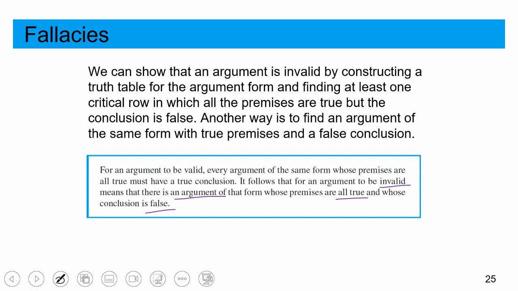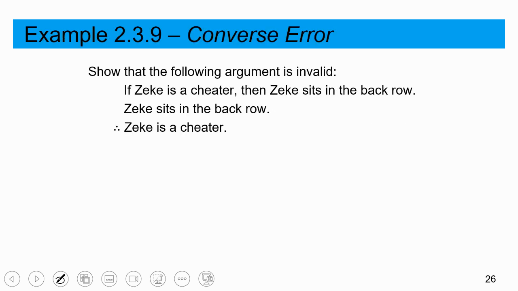So we only need to find one argument of that form where the premises are true and the conclusion is false to say that it is an invalid argument. All right, so let's show that the following argument is invalid.